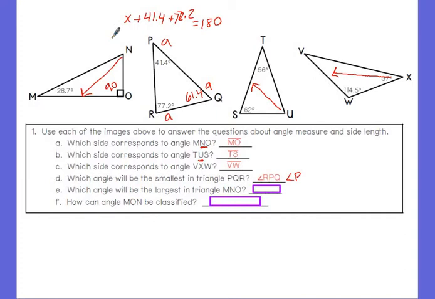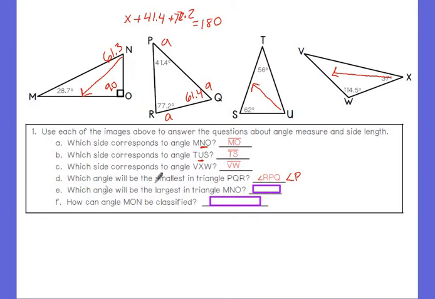So I can do 180 minus 90 and get 90, minus 28.7, and see that this angle here is 61.3.